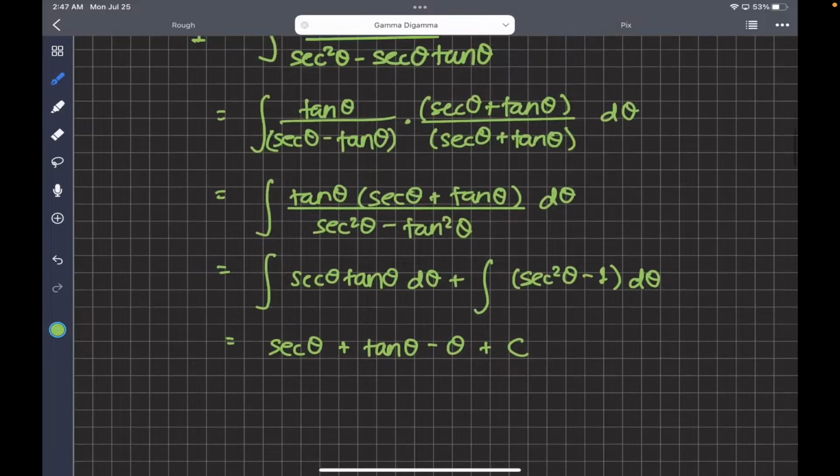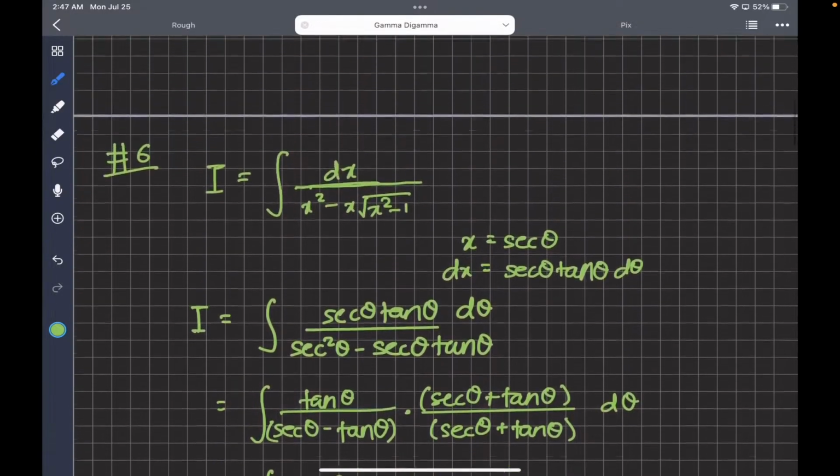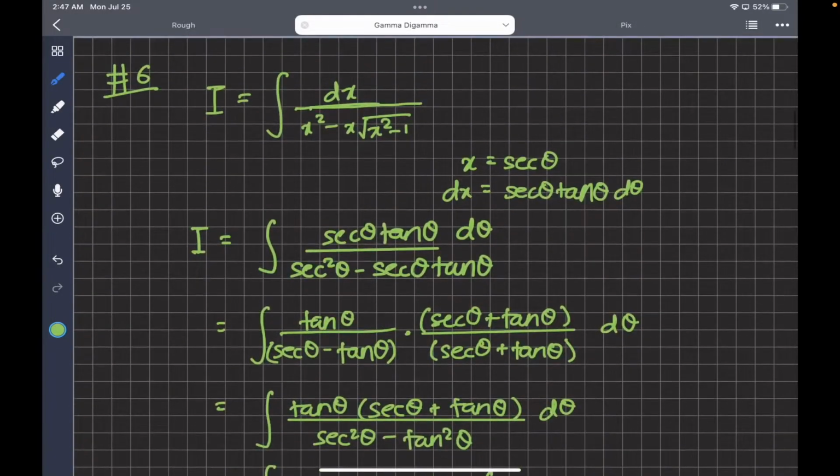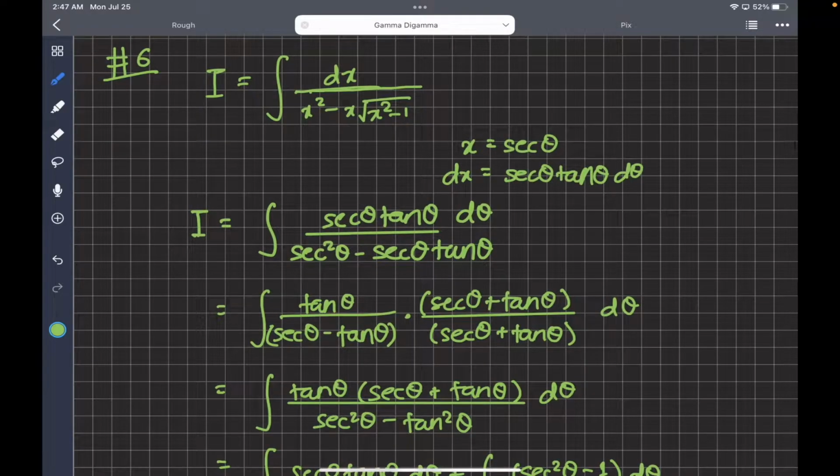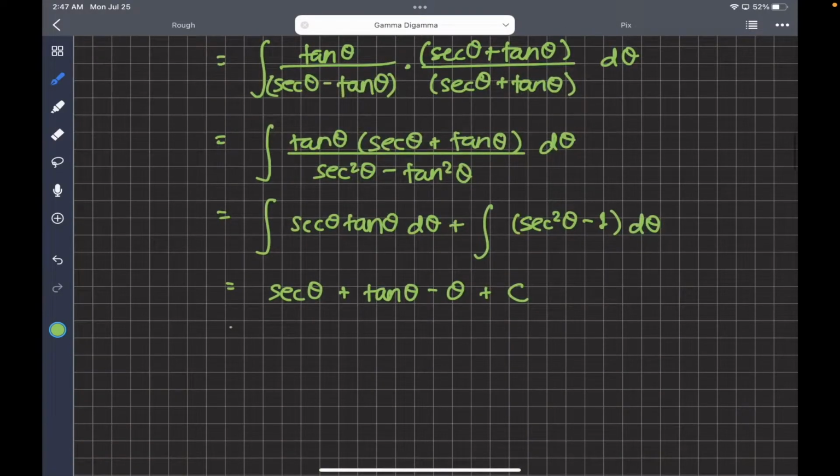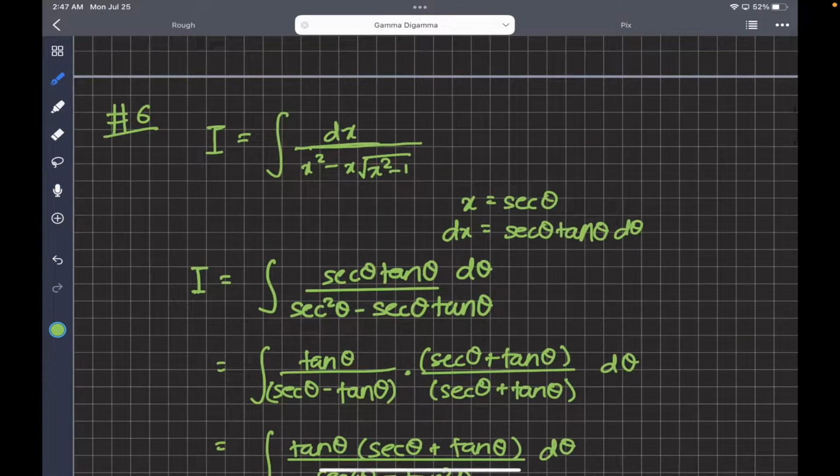Now, since this was indefinite, we need to back substitute for secant theta, and we need to get x. So secant theta is x, so we have this. Tangent theta is the square root of secant squared theta minus 1, so that's x squared minus 1 under square root will be tangent theta precisely.